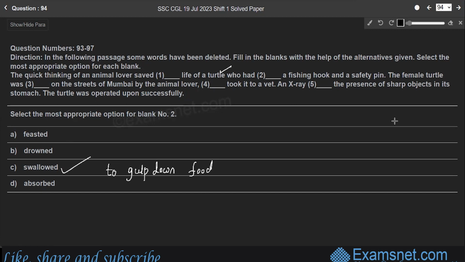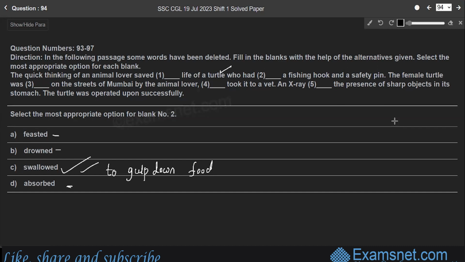You can't use the remaining words. Feasted means to eat large quantities of food, whereas drowned means to submerge or flood an area. Absorbed means to take something in. So here swallowed is the right word to use.